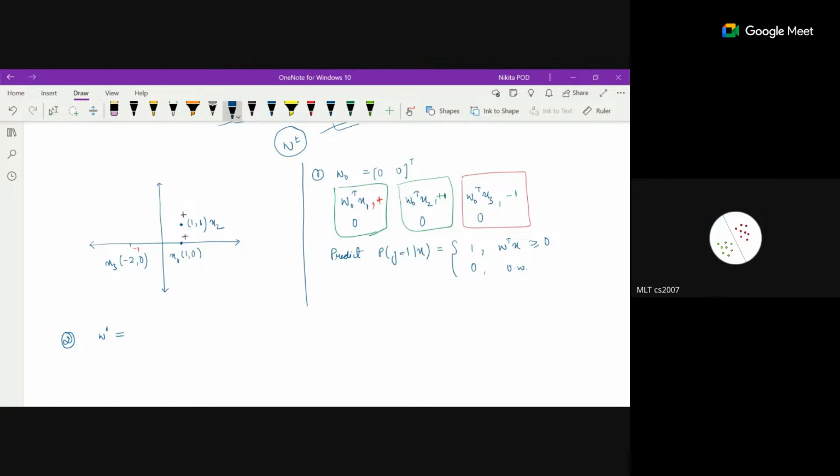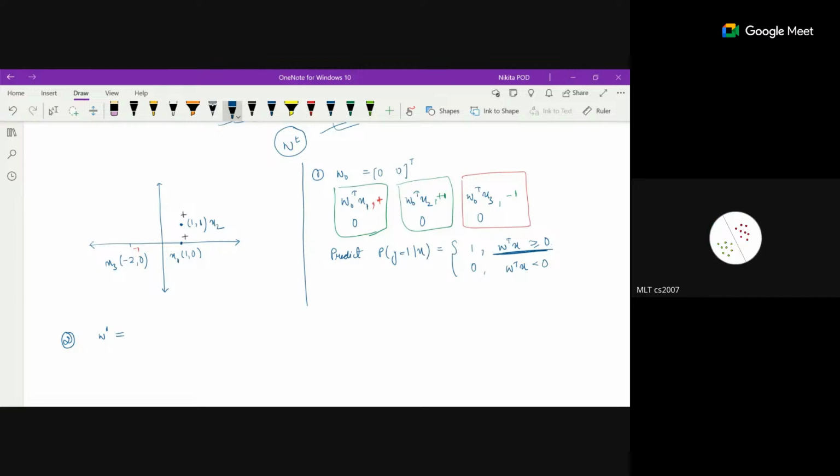What we are saying is if W transpose x is less than 0, it should predict -1.